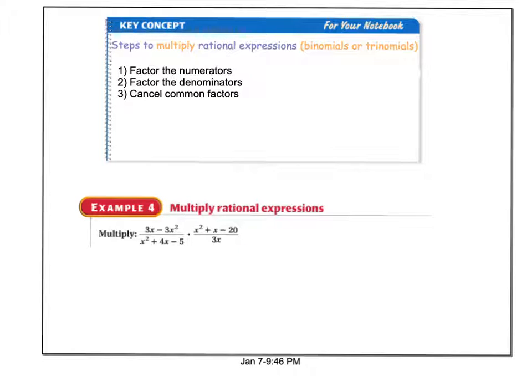Looking at example 4, we will start with this numerator. It factors to 3x times 1 minus x. The other numerator factors to x plus 5 and x minus 4.